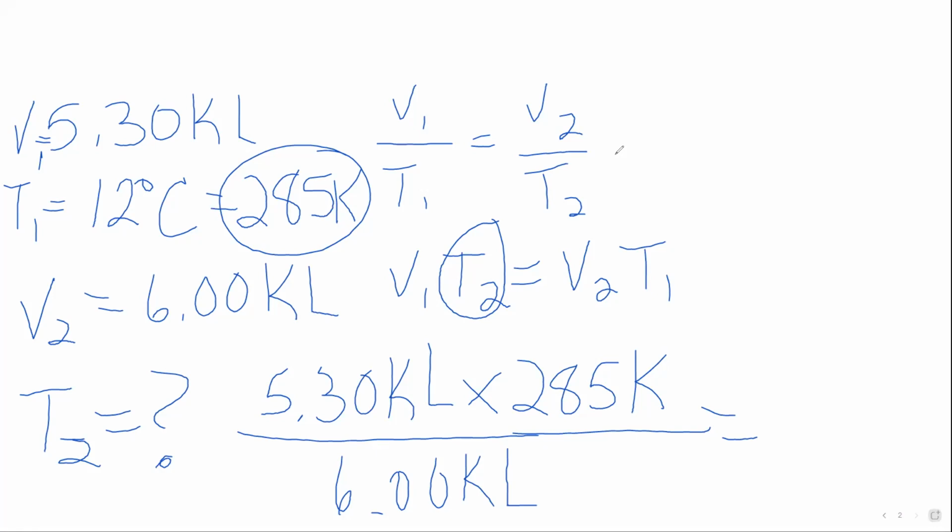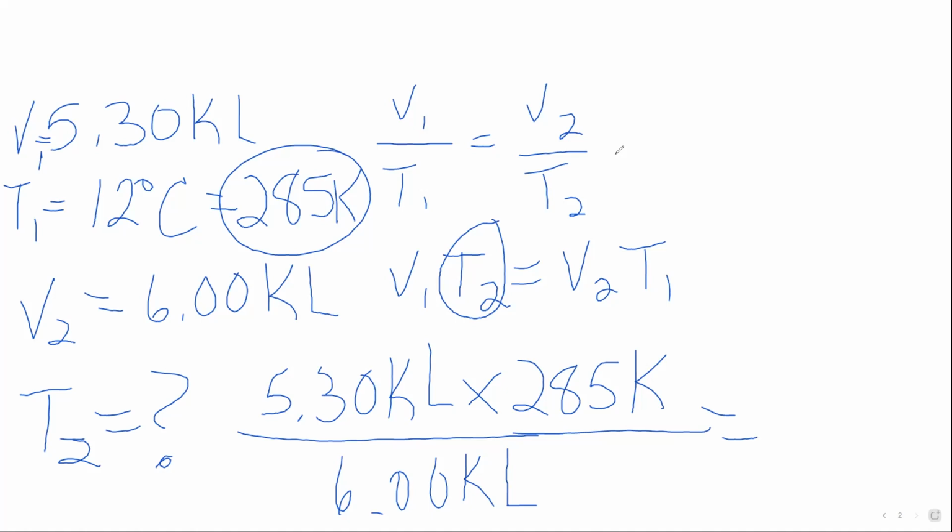No, that doesn't look right. What did I do? Oh, I multiplied the wrong one. Let's see. Yep, I did. I put the T1 in the wrong place. I inversed them.